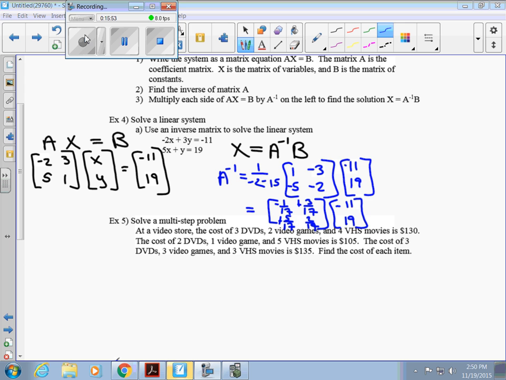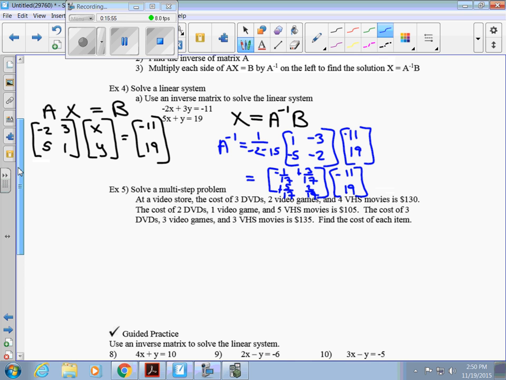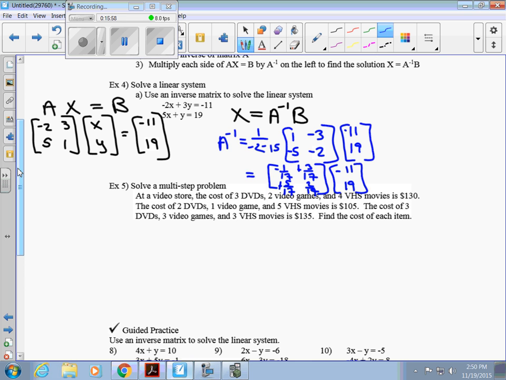Okay, so now we're going to have to multiply those to find out what these are. So if we do that, let's go up here and do it so we have some more room. So we're going to have 11/17 and 19 times 3 is 57, so that's going to be plus 57 17ths.